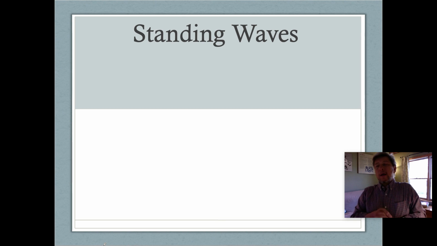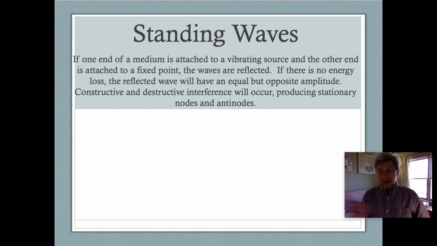So what exactly is a standing wave? Again, if you've got a scenario where you're sending one wave down, but you're doing so every few seconds or every second or every half a second, then you're going to end up producing a standing wave.